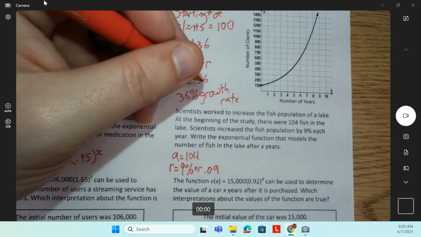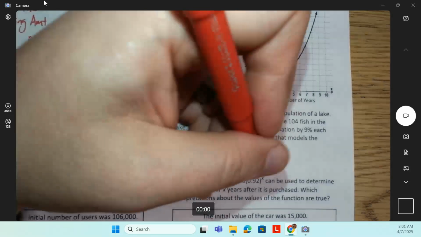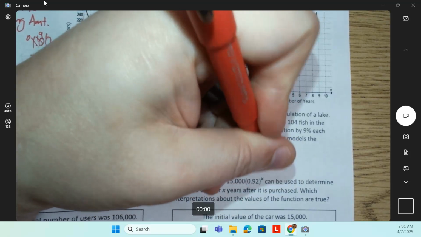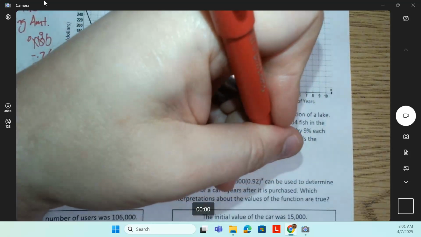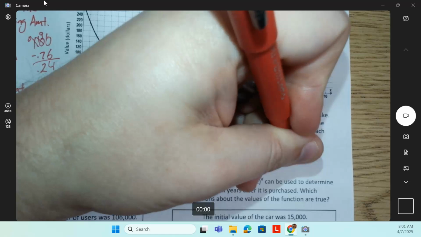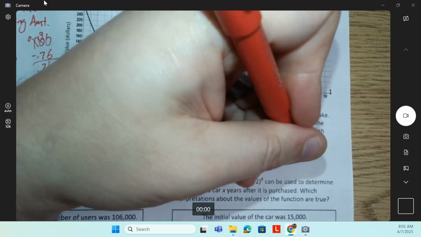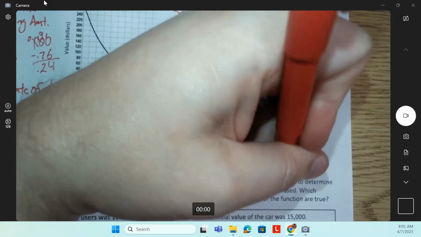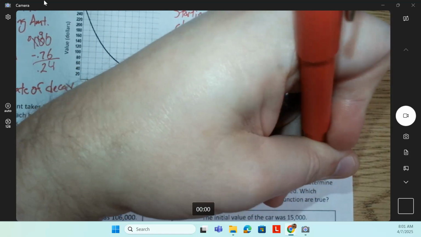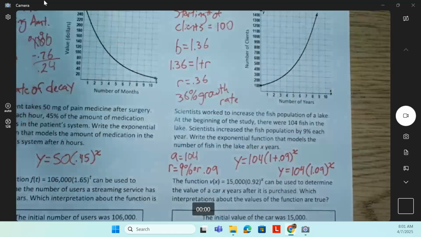And so when we're writing that function, we'd start out y equals 104 times 1, that's growth, plus 0.09 to the x power. But we just combine those to say y equals 104 times 1.09 to the x power.